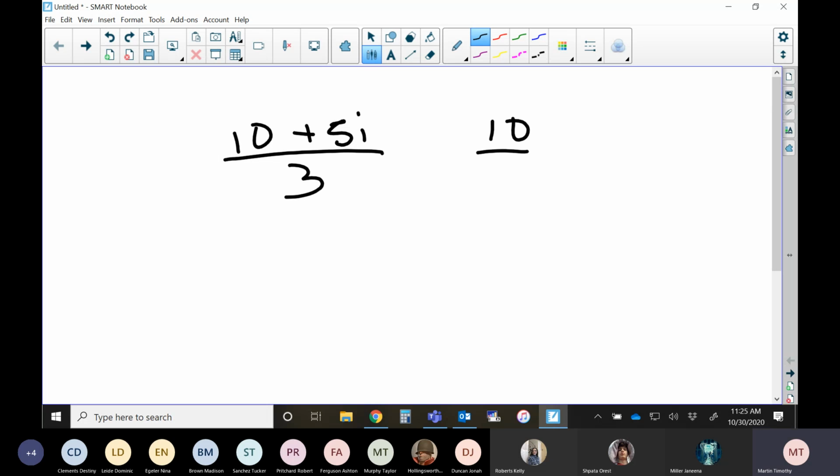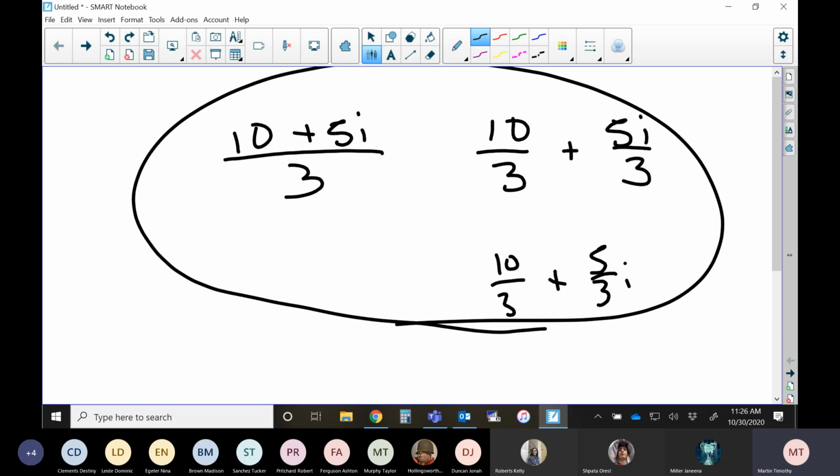That's the same thing as 10 over 3 plus 5i over 3, or even 10 over 3 plus 5/3 i. All of these are equivalent to each other. And like I said, on the SATs, they're going to go back and forth, mix them up, do whatever they want. You've got to know the difference between them.